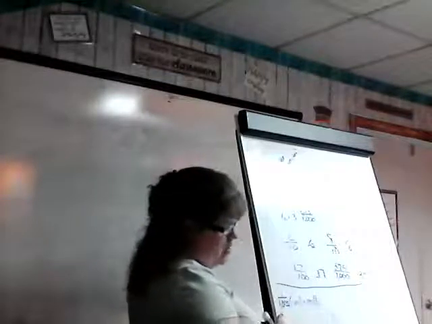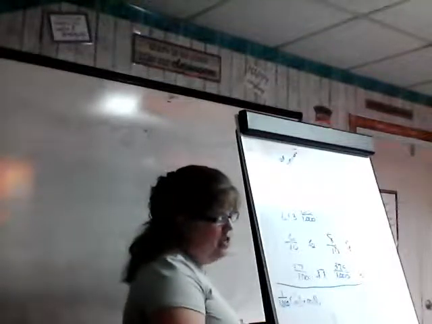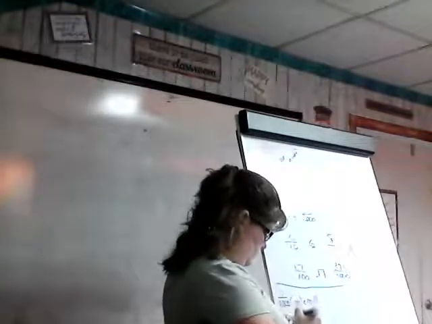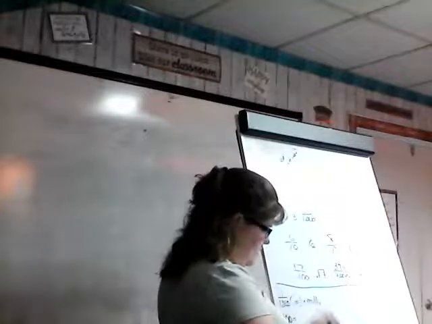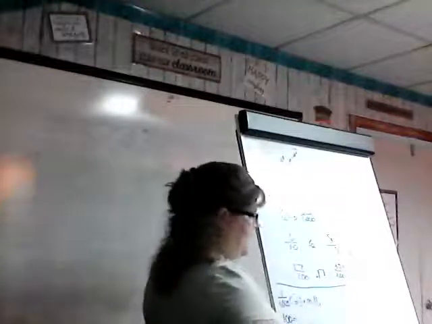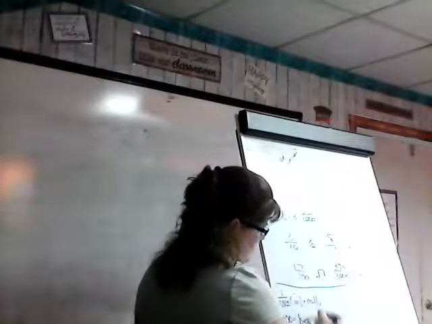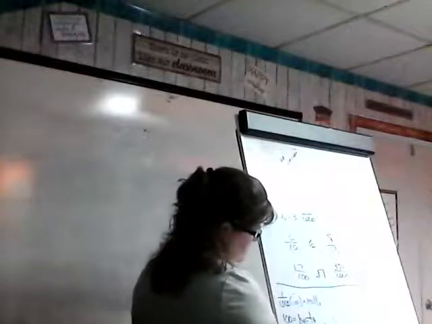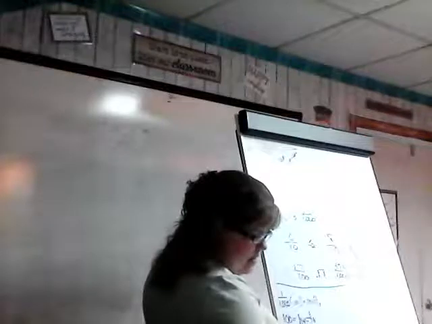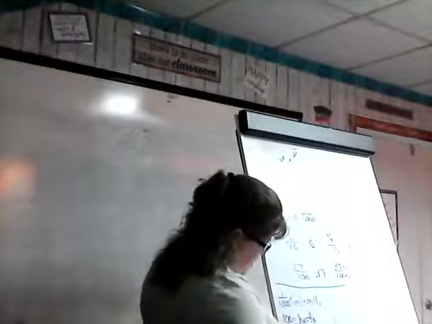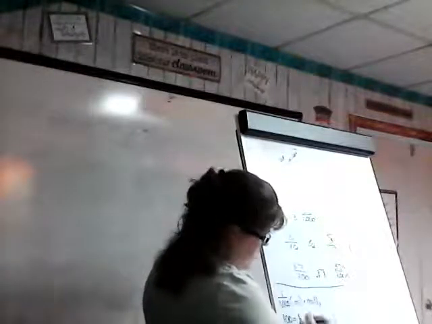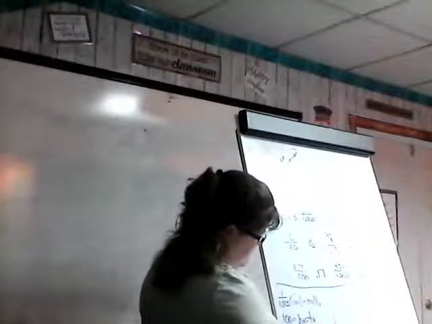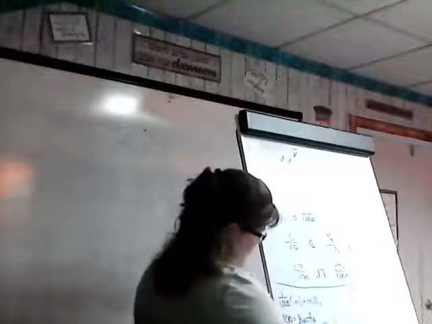How about, what would the whole number 100 equal? What prefix? Nope, centi would be a fraction. Remember, if it ends in I, it's a fraction. It would be hecto. How about 0.01 or 1 over 100? Centi.